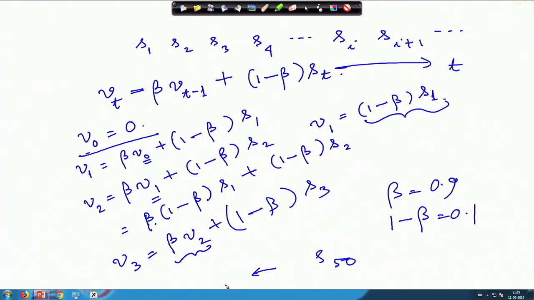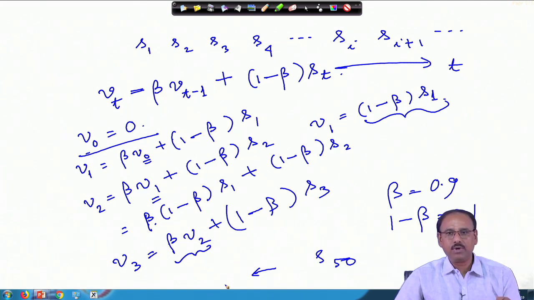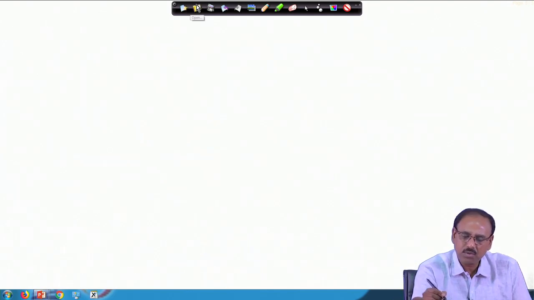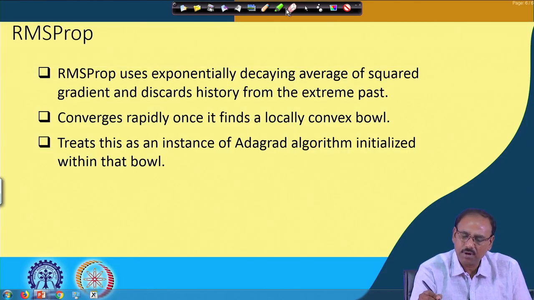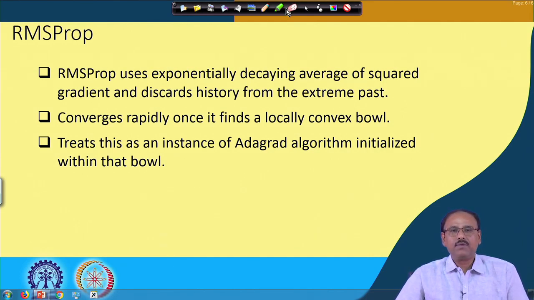And that is the advantage of taking the exponentially decaying average of the squared gradients, and this is what is used in case of RMSProp. So in case of RMSProp, the scaling factor is not the cumulative sum of gradient histories, but it is the exponentially decaying average of the squared gradients.